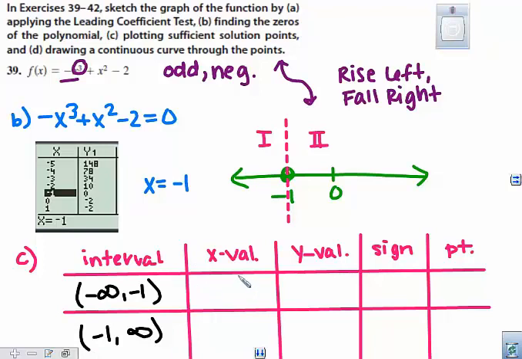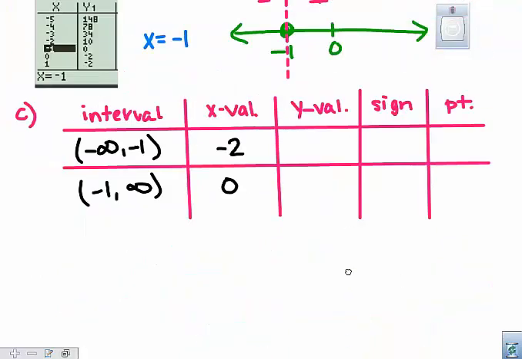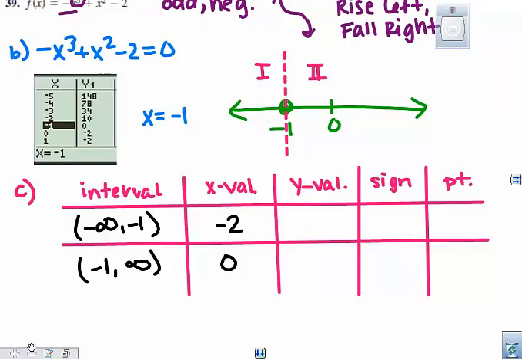Any x value can be picked in this interval. I told you I'll try and choose the lowest integer that you can. Okay, so that would be -2, and here I'm going to use 0. When I plug those into my original equation, that's how you get your y value. So it was negative x cubed plus x squared minus 2.